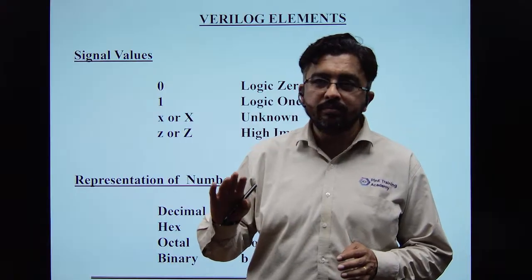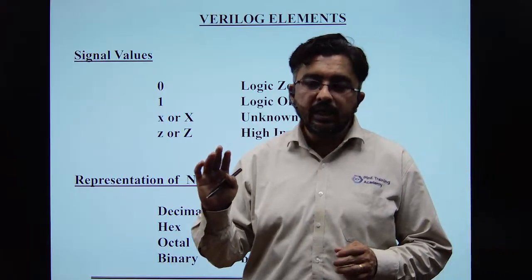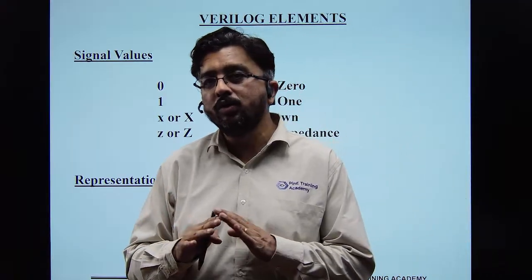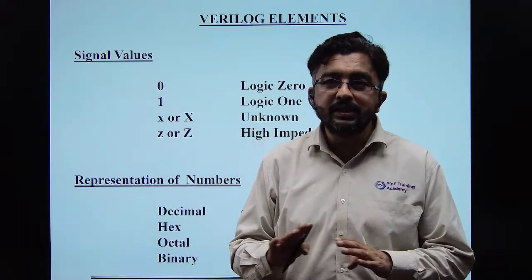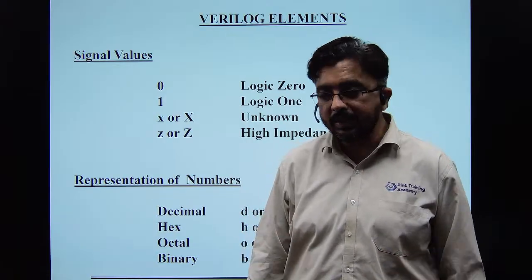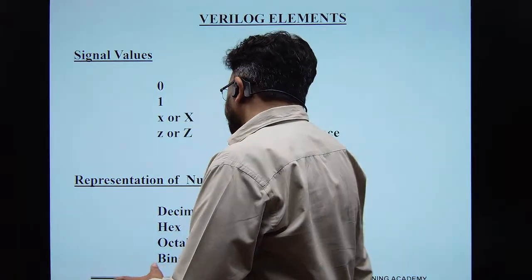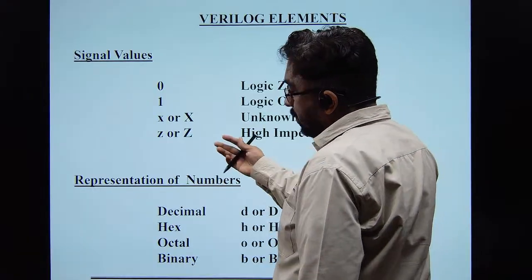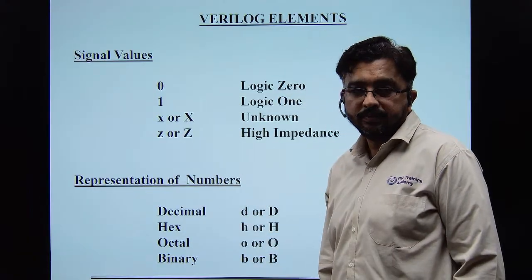The impedance state is known as the floating state, and unknown means don't care. Nothing is connected. This is very important. We have already discussed it, and the same thing we are going to use in Verilog also.